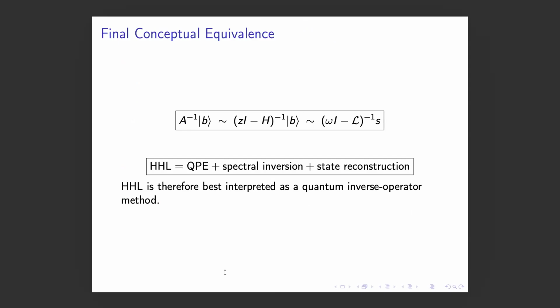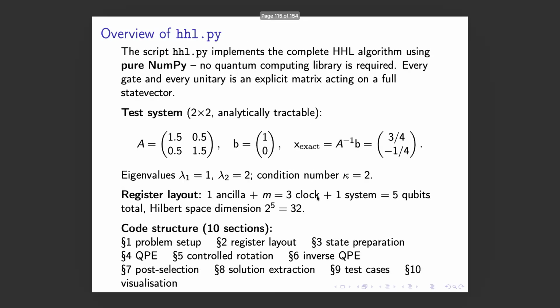The conceptual value is that you have a QPE spectral inversion plus state reconstruction, and you can look at that as a quantum inverse operator method. That's the way I like to look at it.